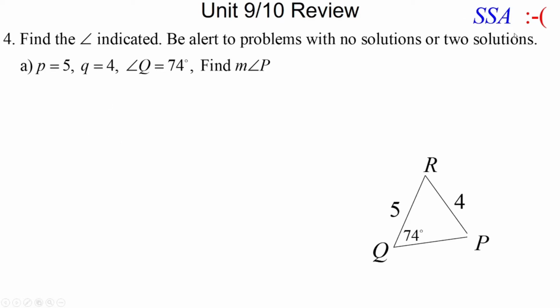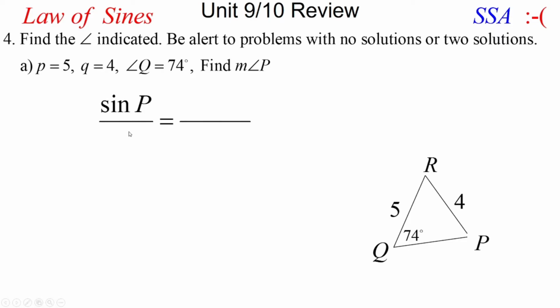Side-side-angle implies law of sines. So law of sines it is. So I set up my ratio. And I'm looking for angle P, so I'm going to start with sine of P over the side opposite angle P, which is a 5, equals sine of the angle I know, sine of 74 degrees, over the 4.